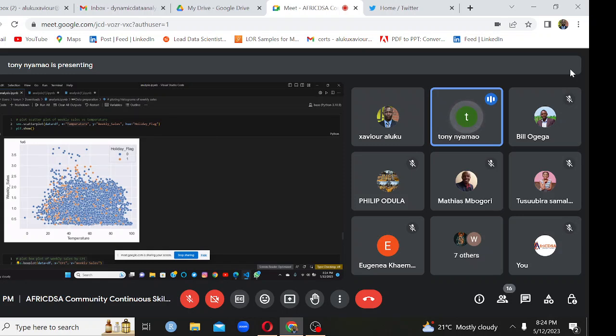But when the sales were high between 20 and 80 degrees, there was also a drastic decline of sales.